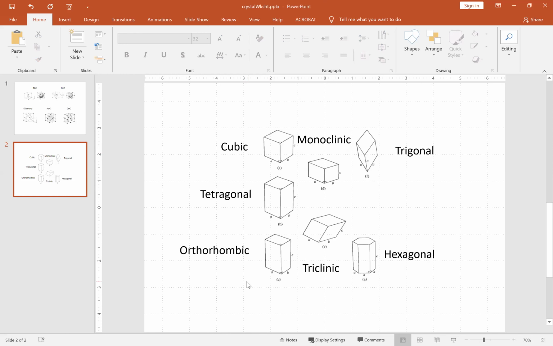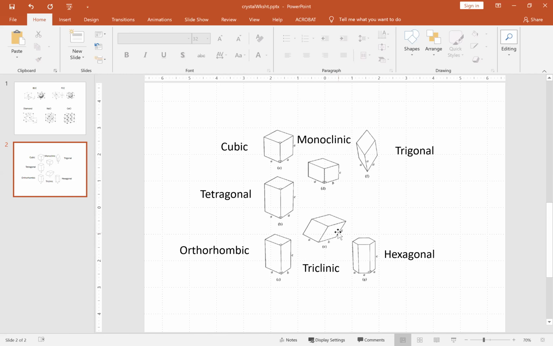We can go from orthorhombic now to monoclinic. This is obtained by distorting the rectangular faces perpendicular to the c-axis into parallelograms. So if you like, all of the faces of the orthorhombic structure are rectangles. Now we make some of those rectangles into parallelograms.